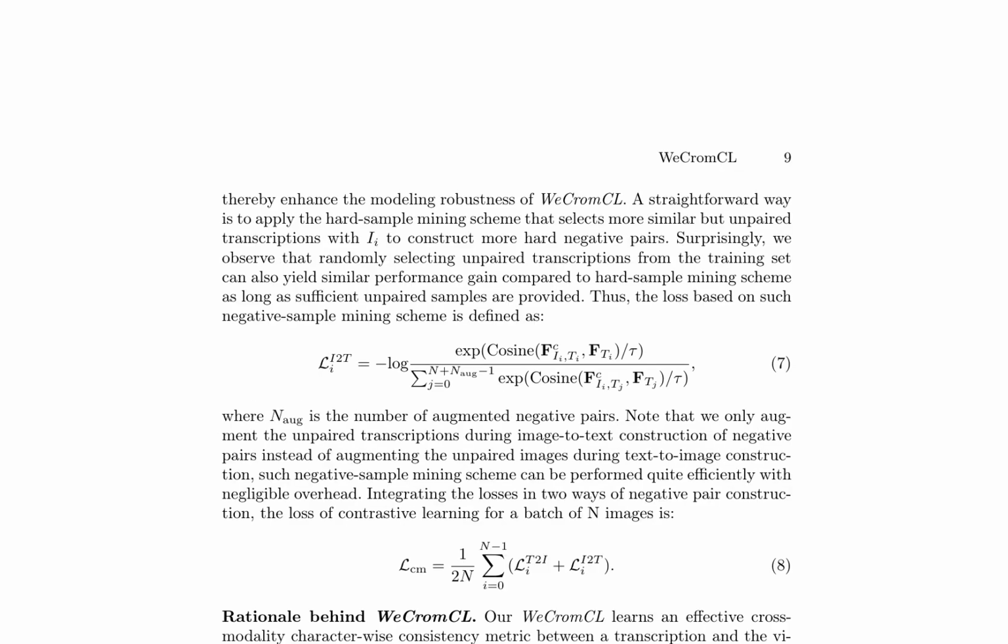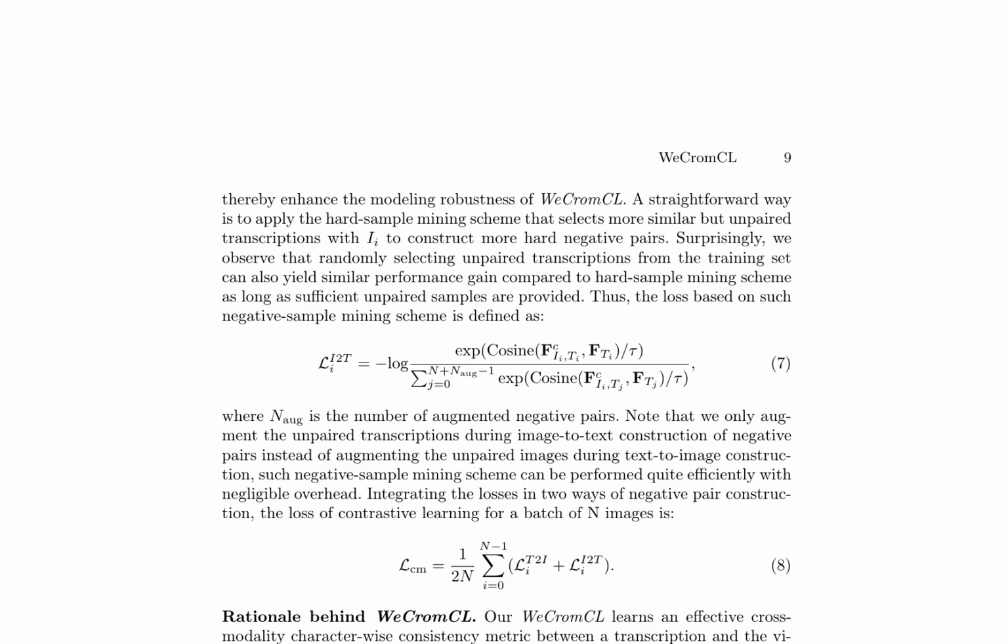WeCromCL enhances modeling robustness by applying a hard sample mining scheme that selects more similar but unpaired transcriptions to construct hard negative pairs. This scheme, along with a simpler method of randomly selecting unpaired transcriptions, can yield similar performance gains. The loss function, Li2t, computes the cosine similarity between feature vectors of image and transcription pairs and their augmented negative pairs.